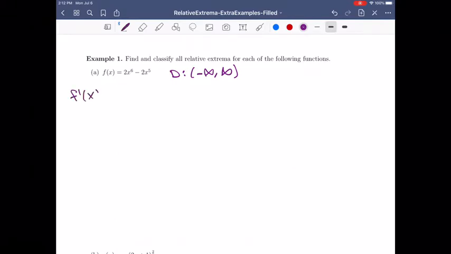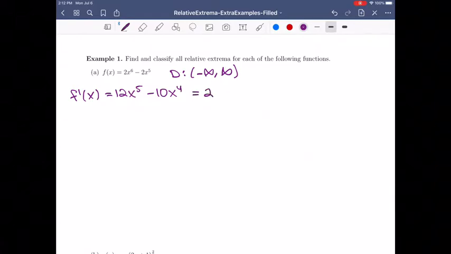So we take the derivative, which is going to be 12x to the 5 minus 10x to the 4, which we could factor. So I can pull out 2 and then 2x to the 4, and then I'm going to be left with 6x minus 5.